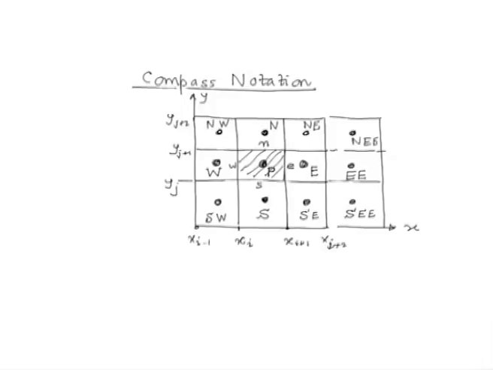So this is the compass notation which would be used with a structured finite volume grid. In the case of an unstructured finite volume grid, we would go back to the lessons we learned from the finite element method. We would use the element connectivity instead to denote these faces and surfaces.